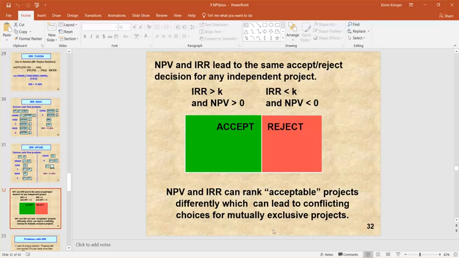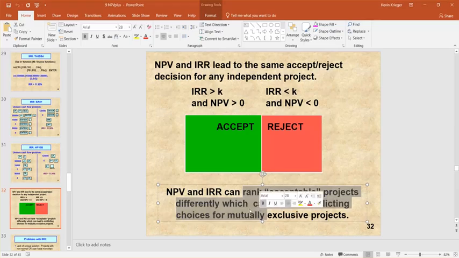Now, this comment at the bottom, though: don't use IRR to choose amongst projects. You don't want to rank which one is best because IRR only considers things in terms of rate. It's measured as a percentage or a rate. It's not measured in dollars like NPV is.